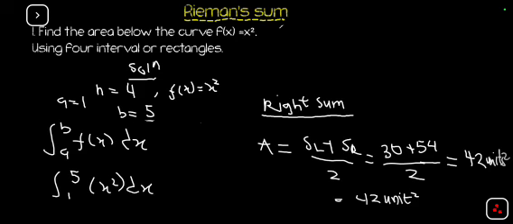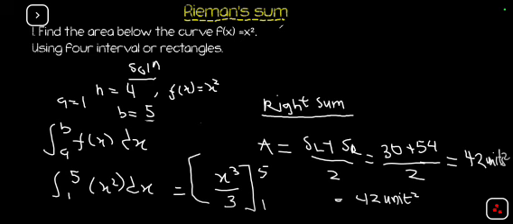When we integrate this, we get x to the power 3 all over 3. In this integration, you add 1 to the power and you divide by the sum of the power and 1. So now don't forget the limits: 1 and then 5.